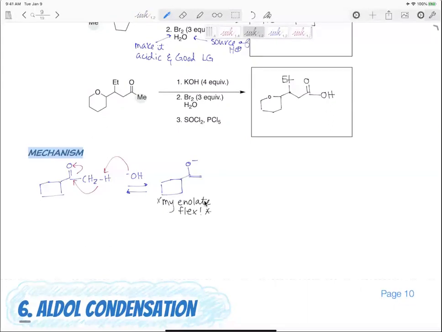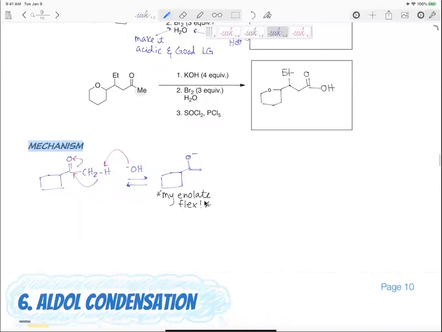I know I'm doing it right. If you don't have any enolate, then you're not on the right track, right? So first step, done. Second step, bring in your bromine, so that you form this here.